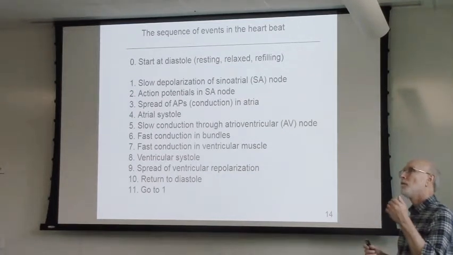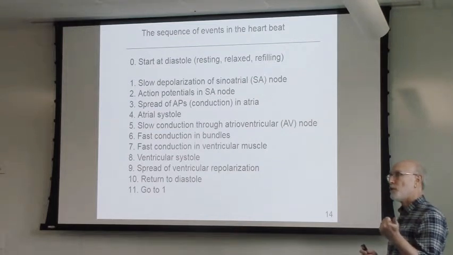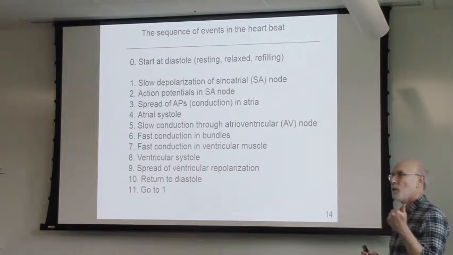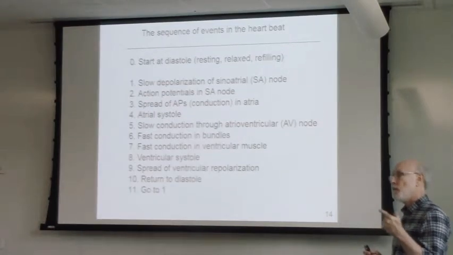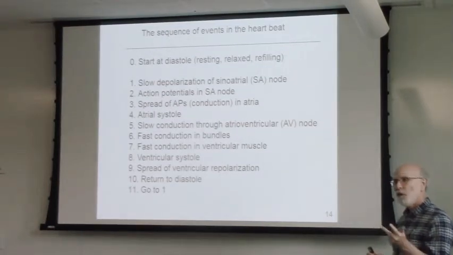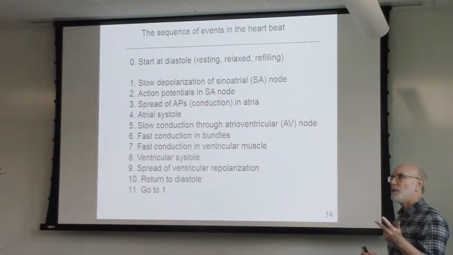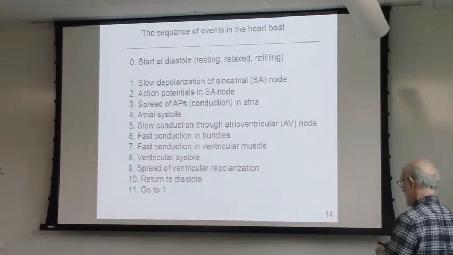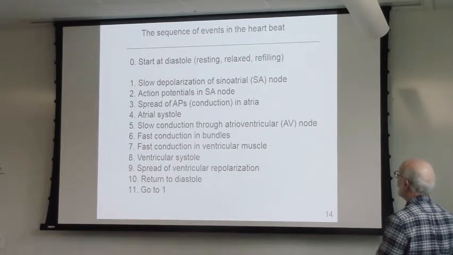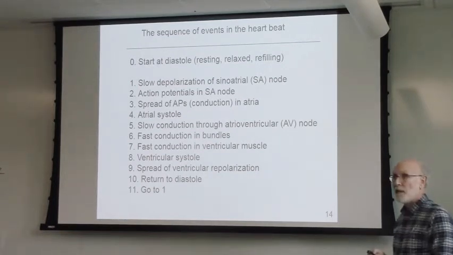Mechanism: voltage-gated potassium channels close, I_f channels, which are sodium permeable, open, sodium influx, and a few voltage-gated calcium channels open. All three of those are what cause the pacemaker depolarization of the sinoatrial node.